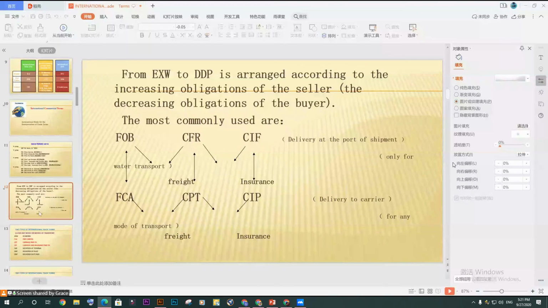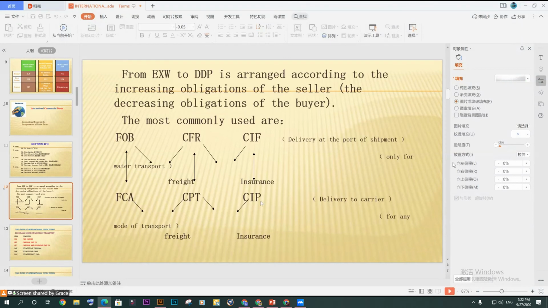If we look at the second one, suppose a Chinese company signs a contract, and in this contract there is a term like this: FOB Antwerp, Belgium.